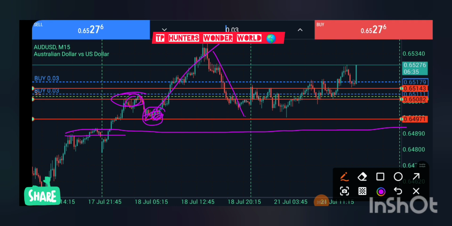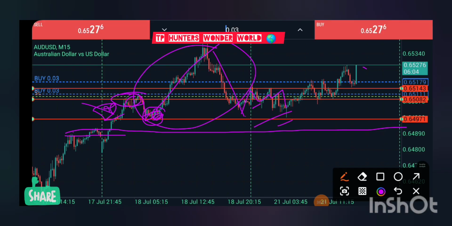But then it was giving us a sell structure. It was giving us a fake move because we have a head and shoulder. This is a head and shoulder. So price respected the second breakout. It's going where? Up.